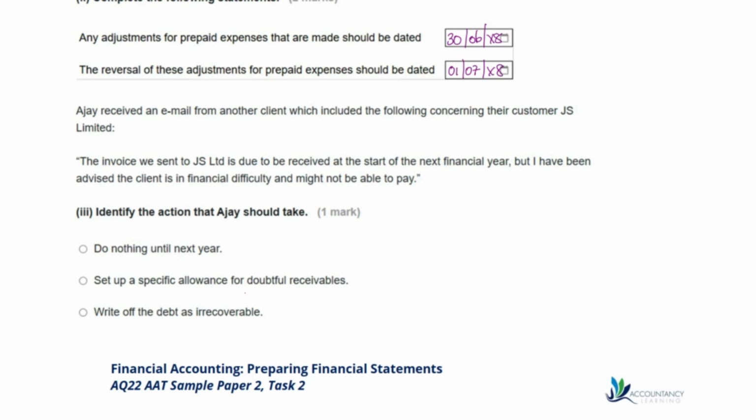So we don't know that it's definitely irrecoverable. It's just that they're in financial difficulty and they might not be able to pay. So therefore, we are going to set up a specific allowance for doubtful receivables. So that specific invoice will go down as doubtful in the accounts.